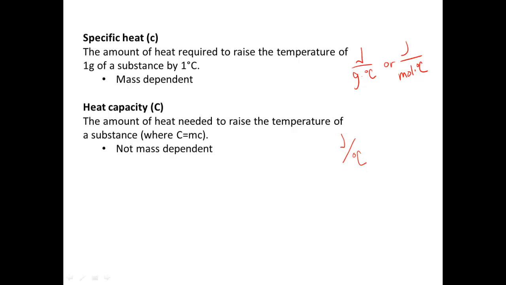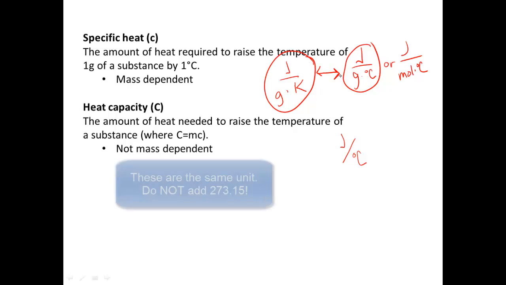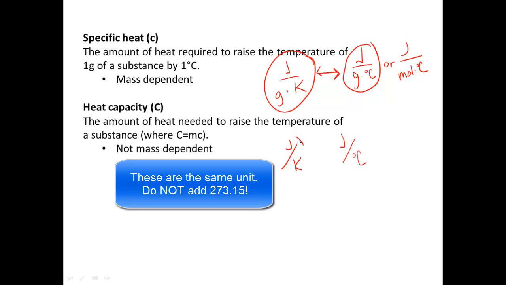These can also be given in Kelvin, where we would have something like joules per gram Kelvin. This is actually the same. These two can be used interchangeably. Same with joules per Kelvin. We can use this interchangeably with joules per degrees Celsius.